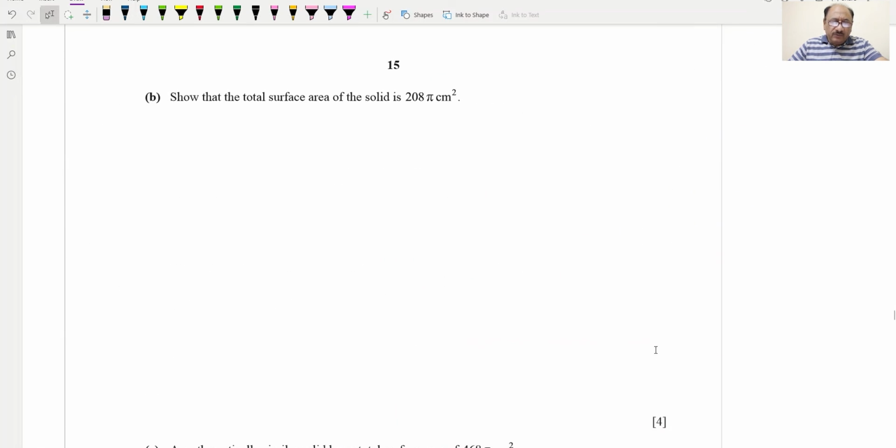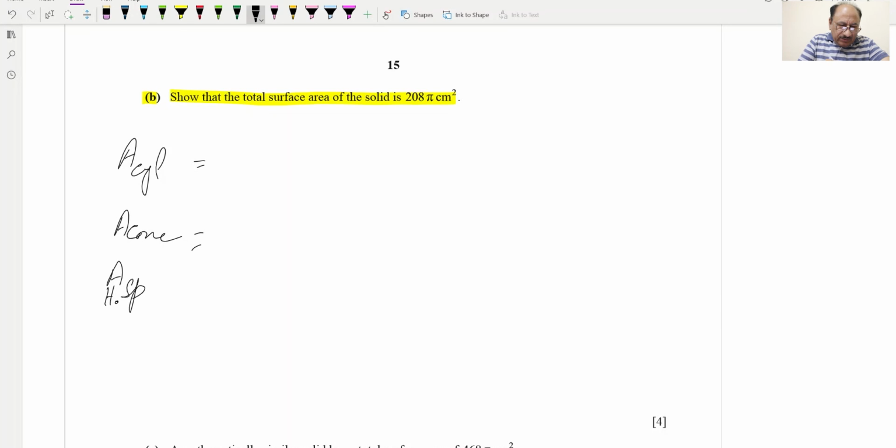Now for the B part, it says show that the total surface area of the solid is 208 pi square. Now we require what? We require area of cylinder and area of cone, then area of sphere, which is basically hemisphere. So these three areas are basically required.